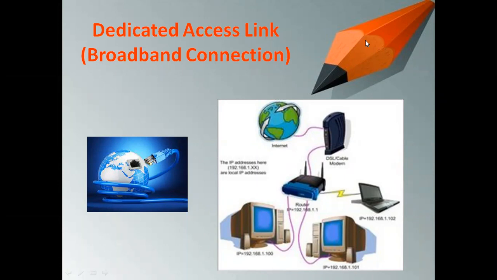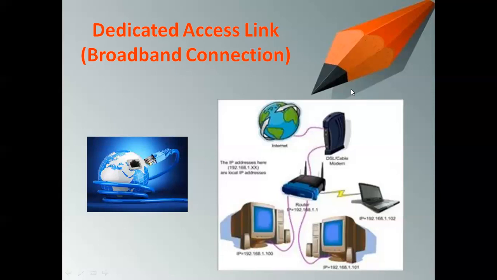Then we click on dial or connect, and it will get connected to the internet. This is a simple process, but nowadays we all use mobiles, and there we just turn on the data service and can use the internet. Also, if you turn on the hotspot, you can make a wireless connection.